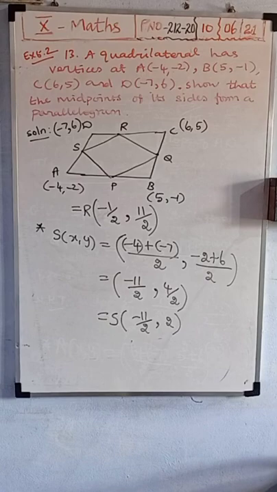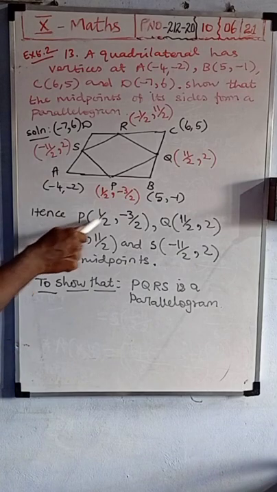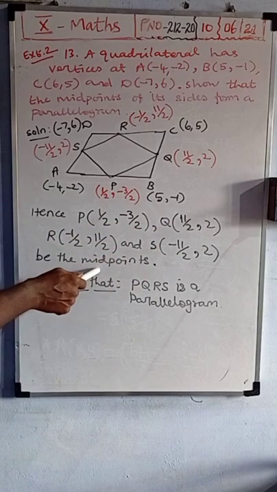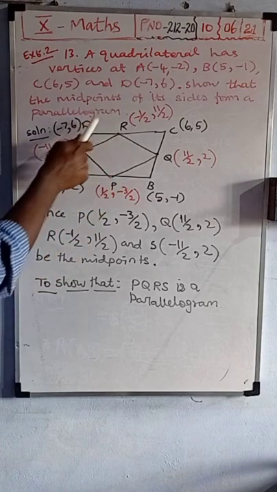So, from the midpoints, we want to show that PQRS is a parallelogram. Hence, PQRS are the midpoints. Now we want to show that the midpoints form a parallelogram.